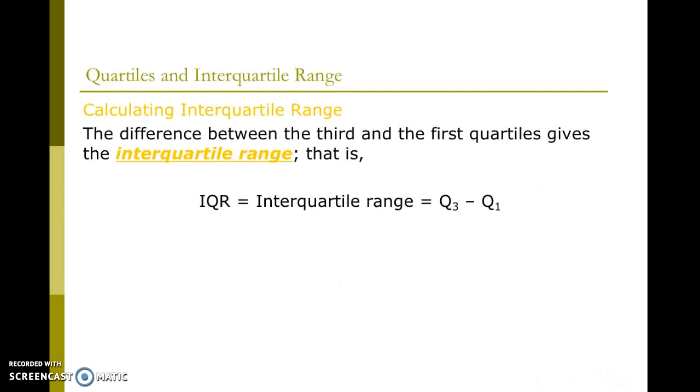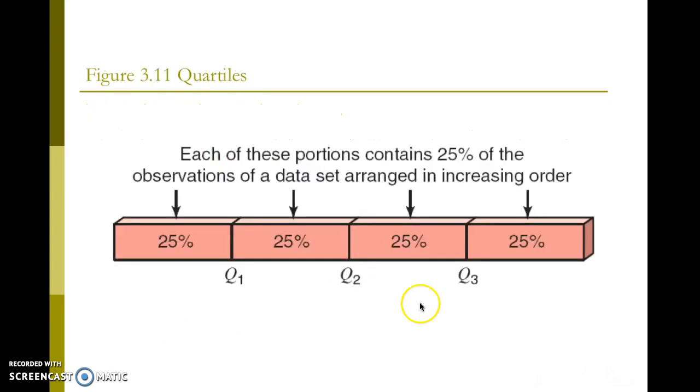In order to calculate the interquartile range, that's the difference between the third and the first quartile. So you basically take whatever number is at Q3, the third quartile, and you subtract Q1. That's the interquartile range. And so that tells you the spread among the middle 50% of the data.